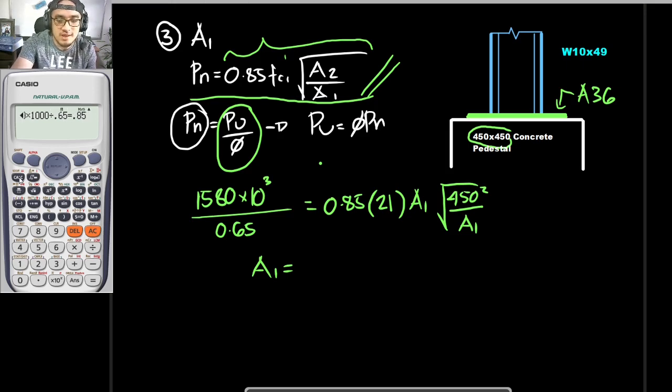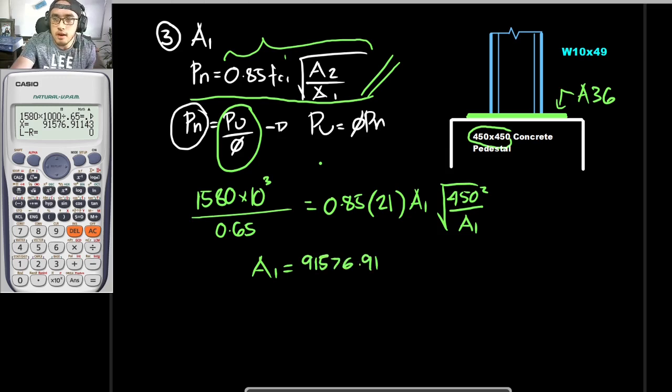So, naghang lang kasi. So, 0.85 times 21 times shift x, times the square root of 450 squared divided by our area, which is alpha x. So ang sabi niya dito, the value for our area would be 91,576.